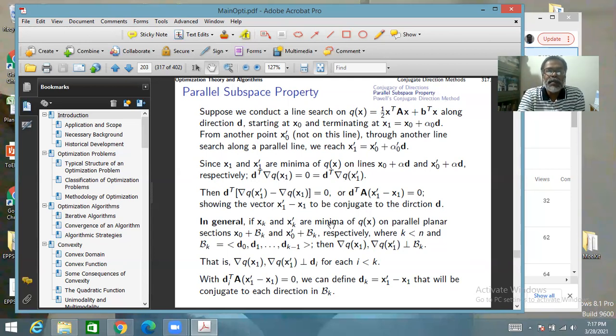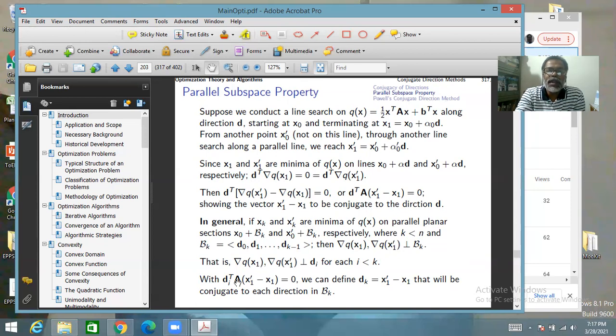Entire subspace means each of these directions, and that means that both the gradients at this minimum on this plane and at that point on that plane are perpendicular to each of the directions that constitute that planar section.